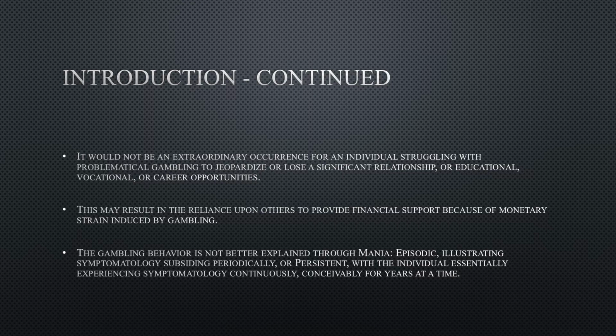So now we have outside entities notifying us about ultimately seizing our home, seizing our property, seizing our land because of problematical gambling. And this is where a relationship with a significant other could be essentially jeopardized, if not terminated, because of problematical gambling. The significant other could feel as though they have been lied to.